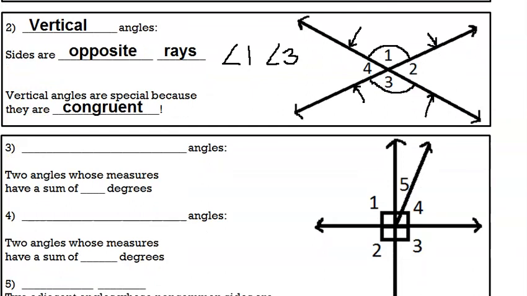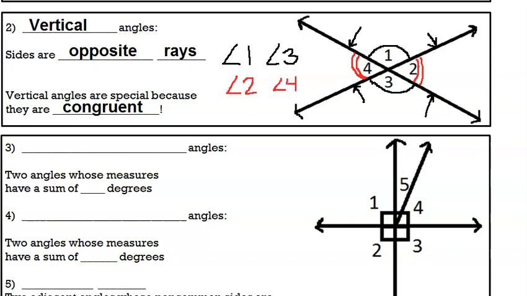Now, one last thing you need to know about vertical angles. Don't let the name fool you. Just because they're not looking vertical, that doesn't mean we wouldn't call them that. Usually kids ask me at that point, oh, well, is there such a thing as horizontal angles? Well, no, we still call them vertical angles.